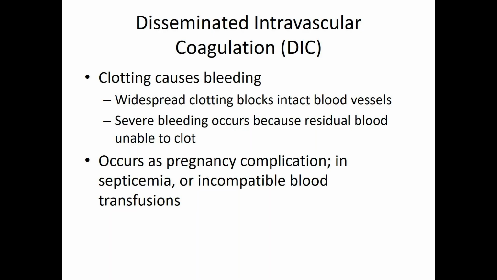It's a really, really, really common complication with pregnancy. A lot of pregnant women end up with DICs at some point in their pregnancy. Septicemia, again, another really, really common factor for DIC. Incompatible blood transfusions, again, same kind of deal. So not as uncommon as you might imagine, really, really not fun to have.